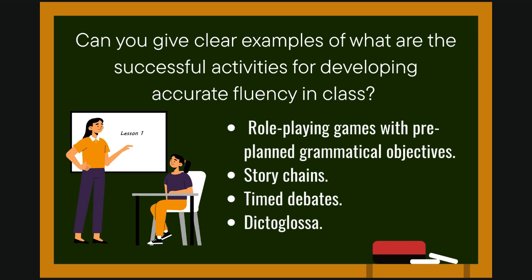Timed debates train both spontaneity and structure. And dictoclass is when a text is read and reconstructed collaboratively. These combine form and function, making grammar acquisition more dynamic and memorable.